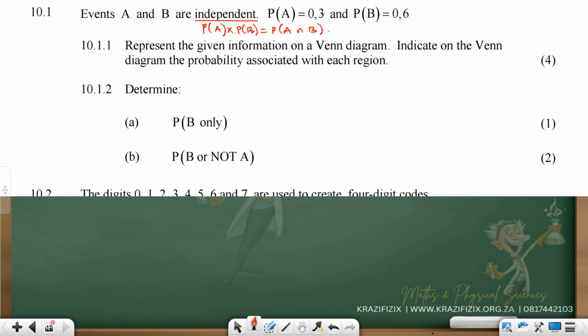Indicate on the Venn diagram the probability associated with each region. Let me give you 2 minutes to try. You know what a Venn diagram looks like? It's 2 circles intersecting.